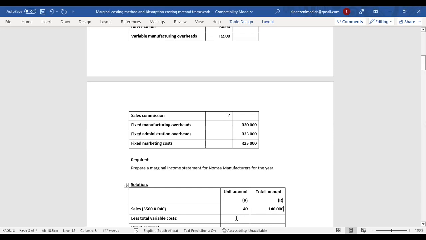So per unit, guys, we put our 5. Then what is our total? We are going to multiply our 5 rand per unit times our total units sold. How many units did we sell? 3,500.